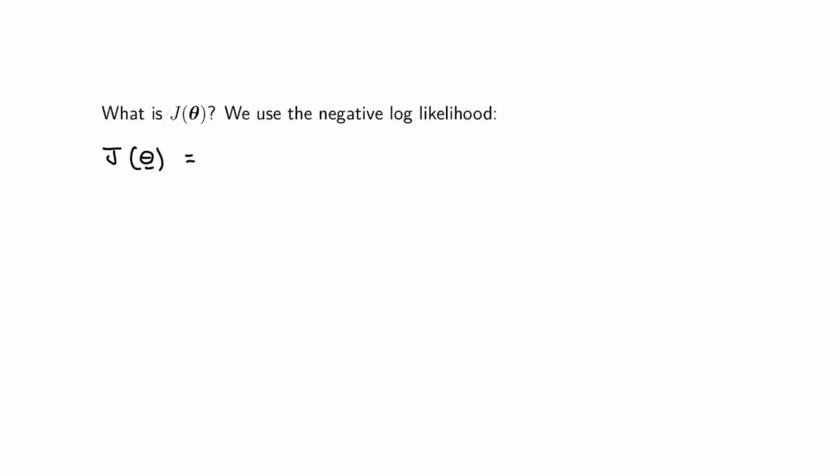The negative log likelihood in this case is: I'm going to sum up over my sequence length the log of the probability predicted by my model for observing this particular word at time step t plus 1, given everything that happened before it. So that's just the log likelihood of the sequence that I've observed.